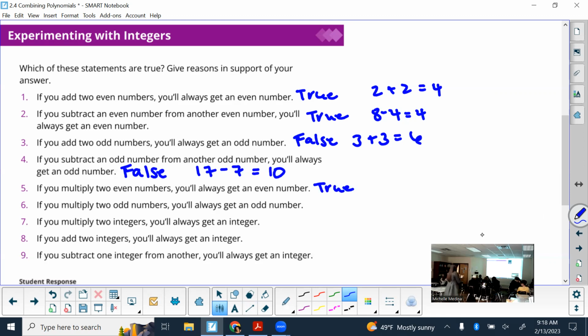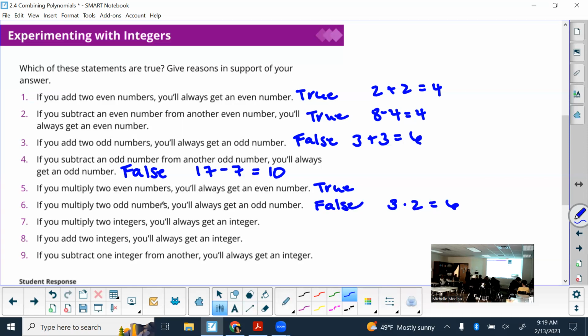That's right here in the middle. Okay, false. What is your justification? Well, 2 would be even. So we need 2 odd numbers.